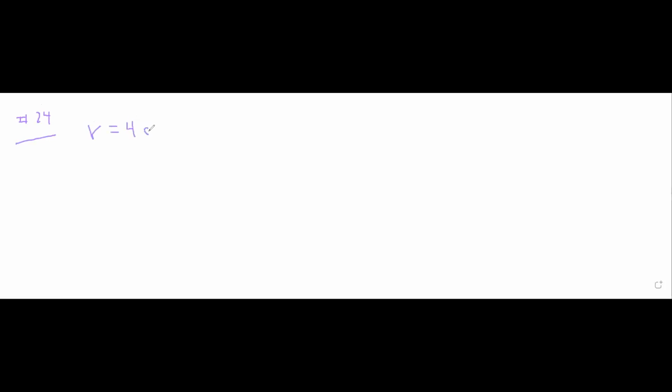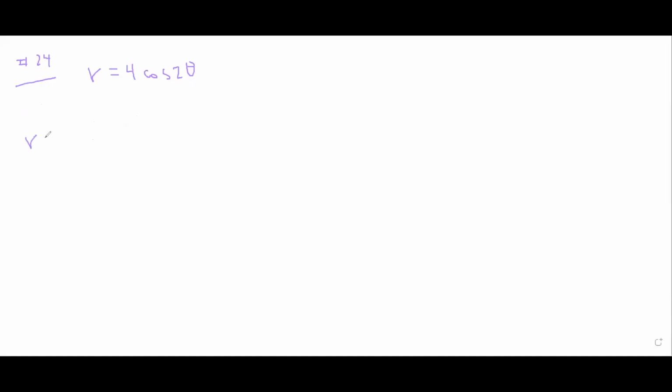So how can I graph this type of function? And again, I need to see the 0 for r when it happens. And looks like that happens when on the right side cosine of 2 theta is equal to 0.